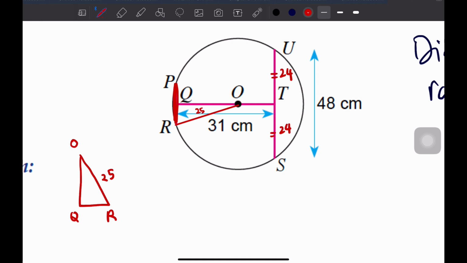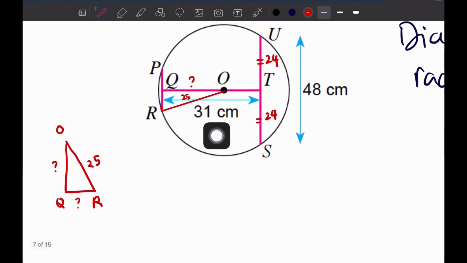Am I right? QR we want to find. But we don't have the length for OQ. We don't know OQ, so we cannot solve it yet. So let's look at this part.